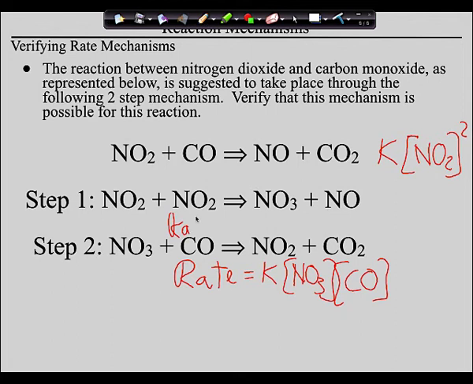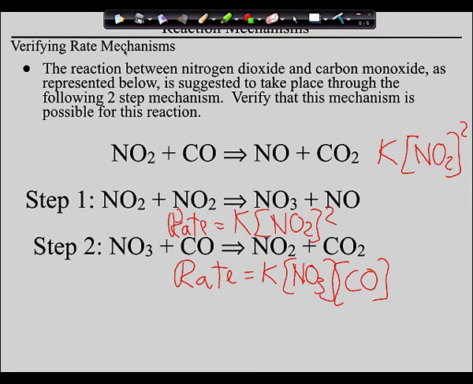So rate is equal to K times NO2 squared. What if this was a 2? Then what would it be? NO2 cubed. Because the coefficients are the exponents in the rate law. But that is not the case here.